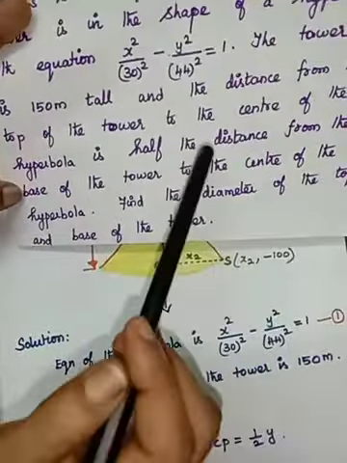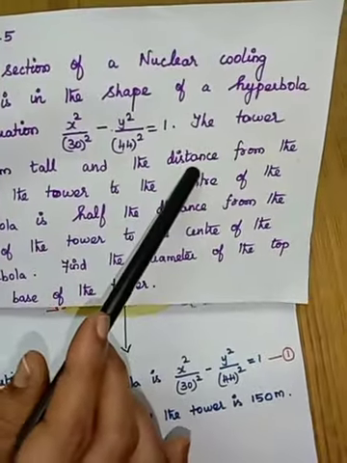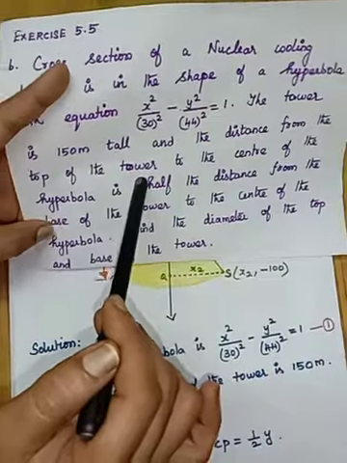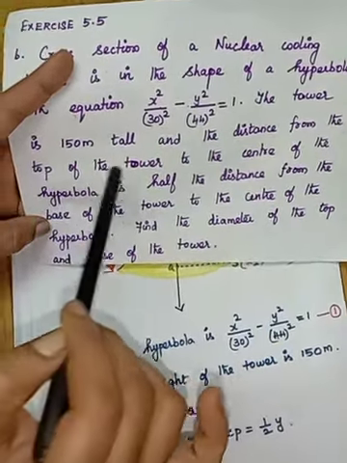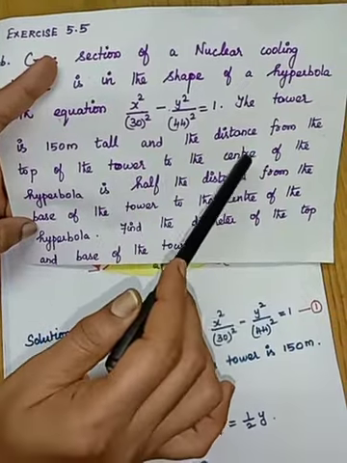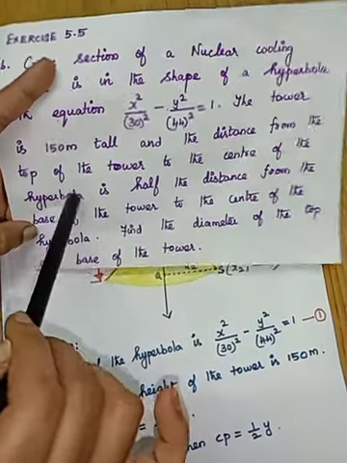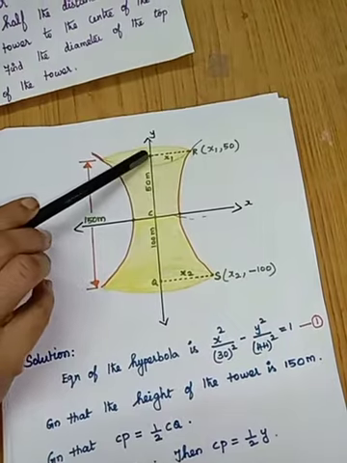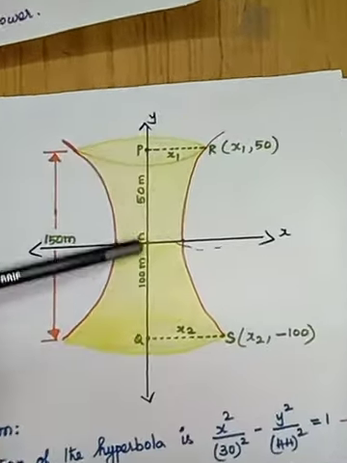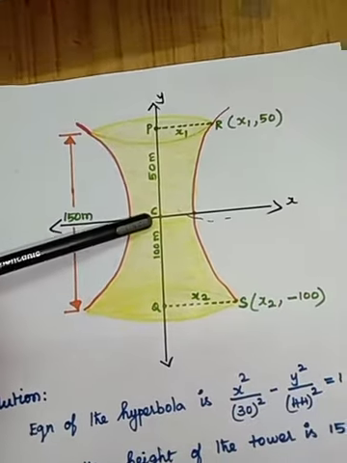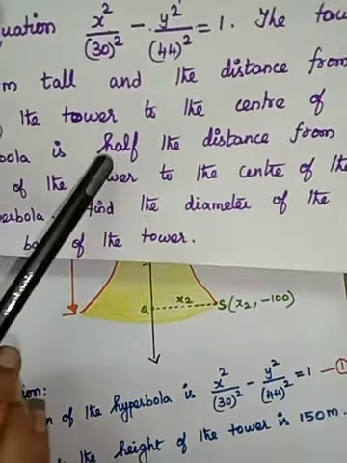In the problem it is given the distance from the top of the tower to the center of the hyperbola. At the top of the tower is point P and the center is C. So the distance CP, how is it? What is given?